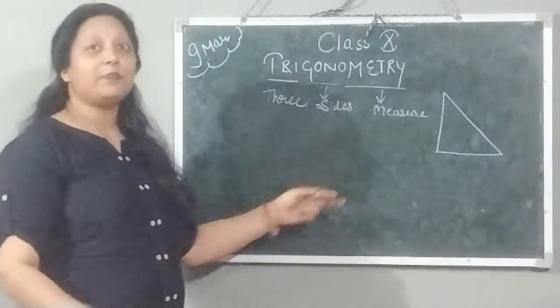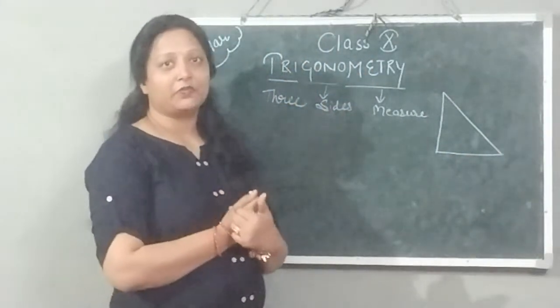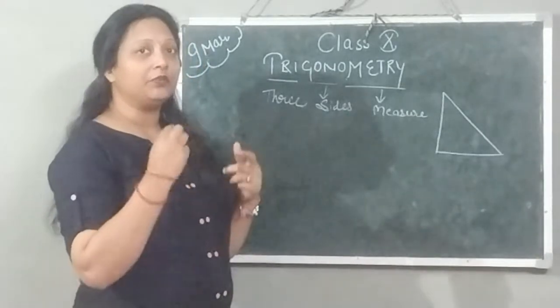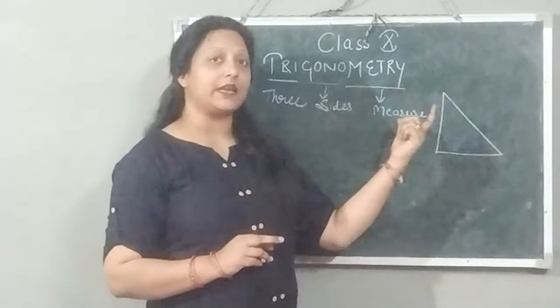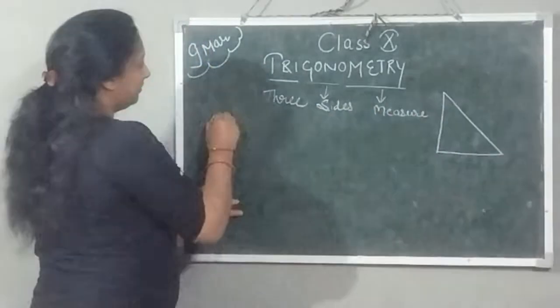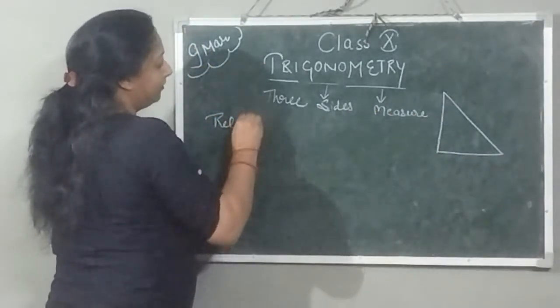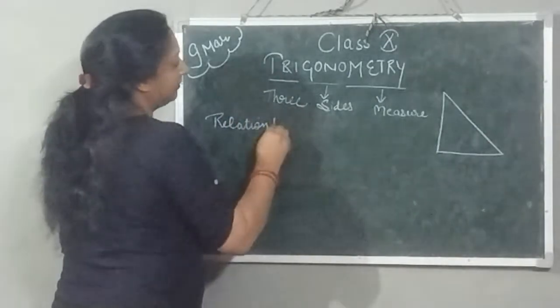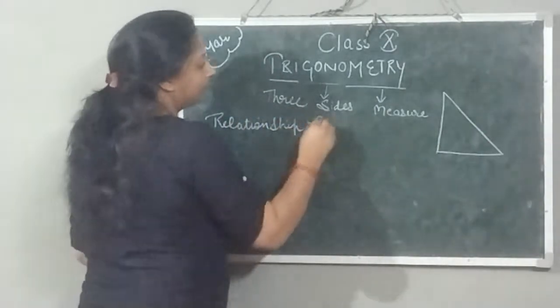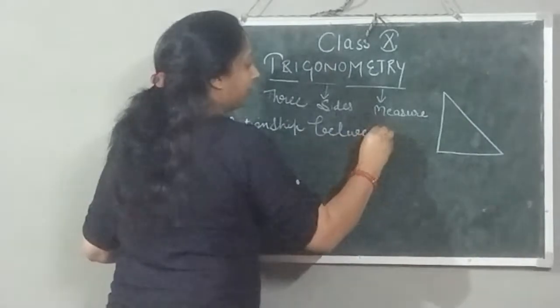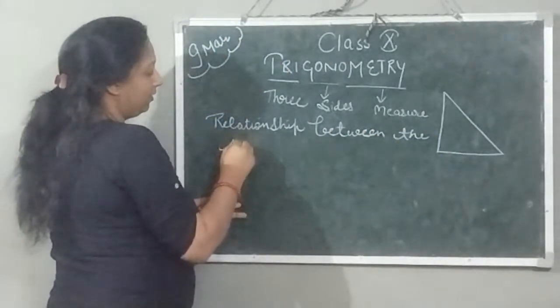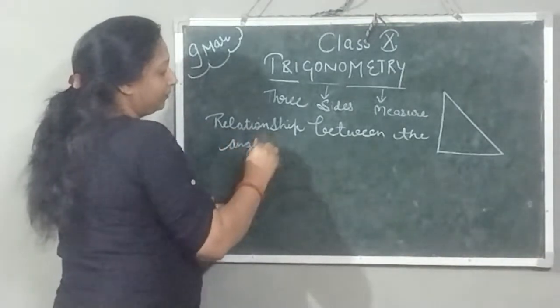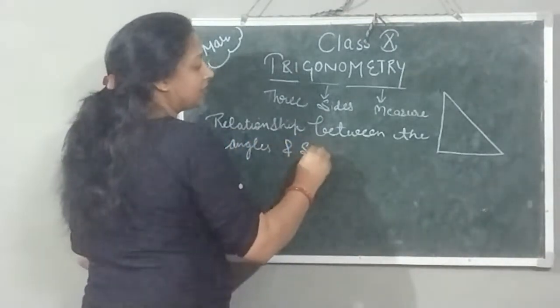Now, which type of triangle it is related to? In the trigonometry, we are going to cover the relationship between the angle and the sides.